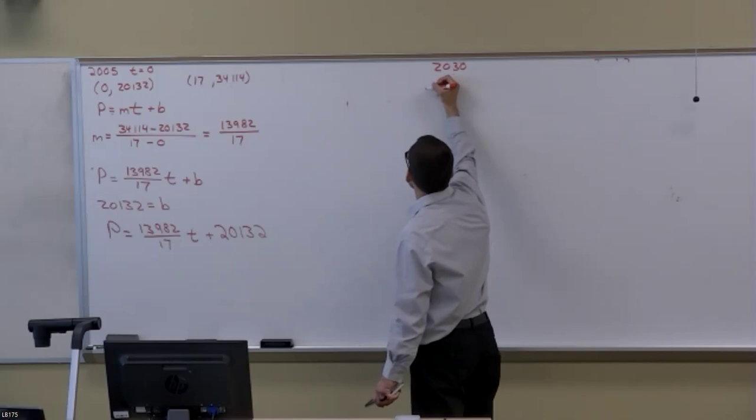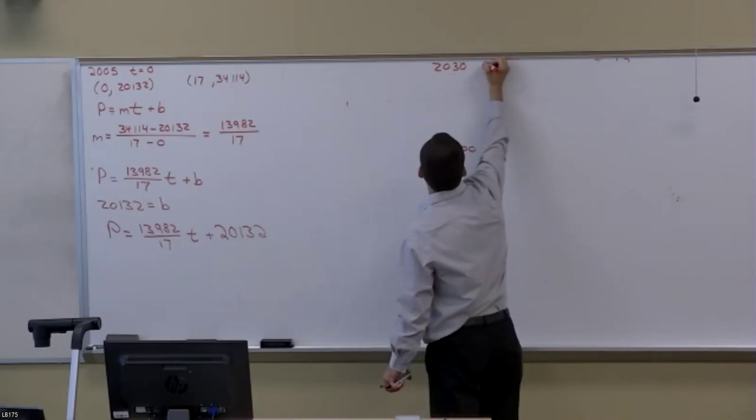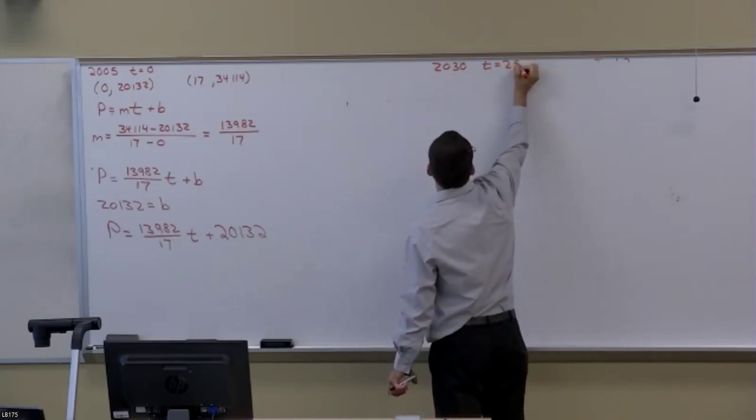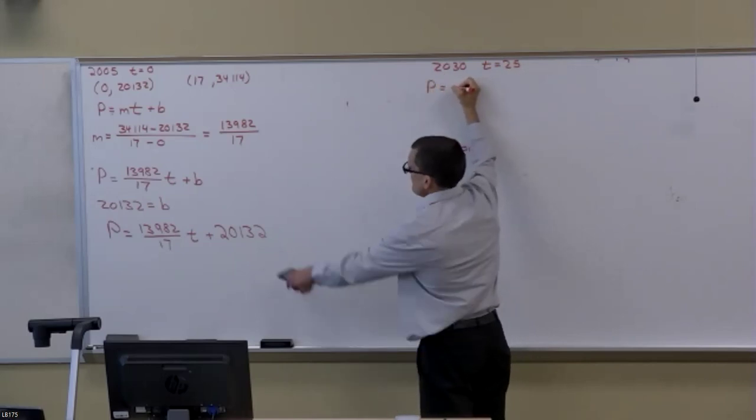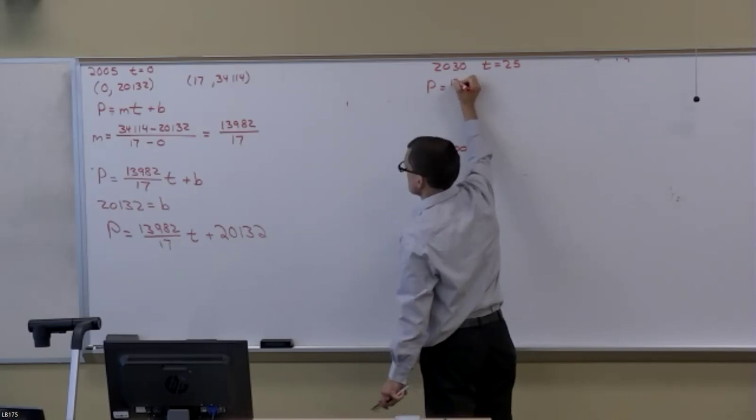Population in 2030, well, 2030 is a t of 25, so we're just going to plug in 25 into that equation that I just found.